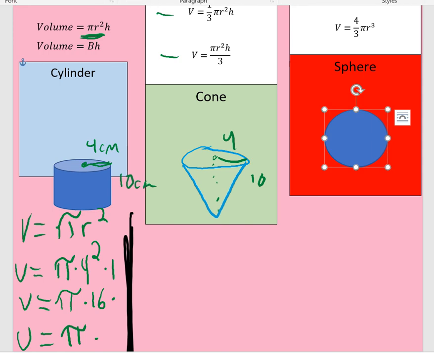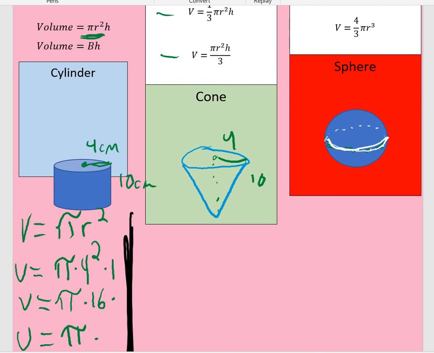And then let me use white. It's like a three-dimensional, it's going to go like this, and it's going to go around. Okay, so it's three-dimensional.